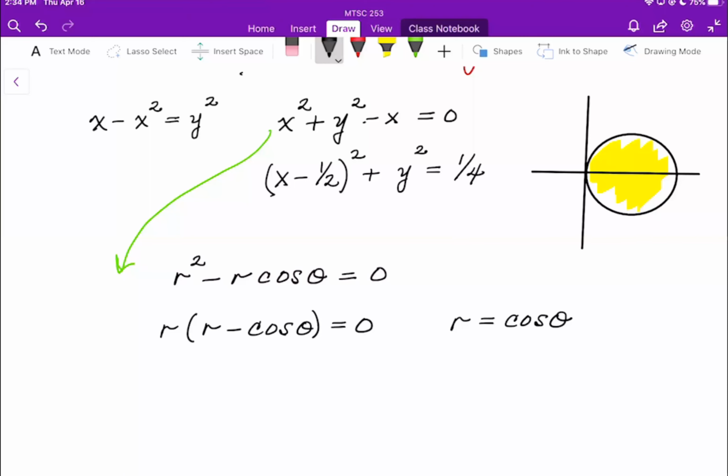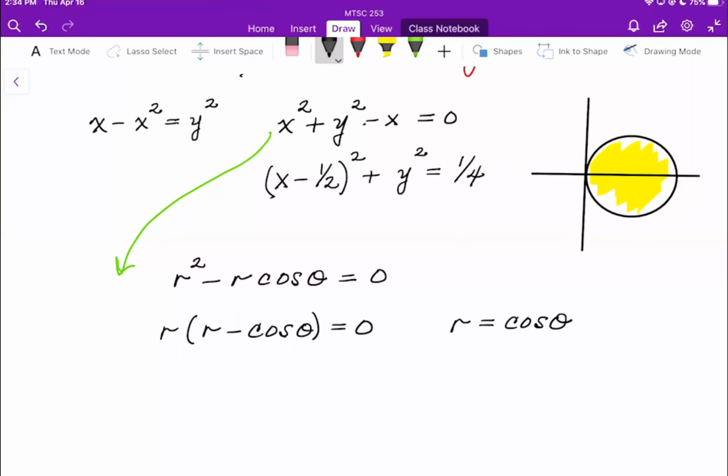So now what I'm going to do is, if I start down here, with theta being minus pi over 2, going all the way to pi over 2, I will complete the whole circle.